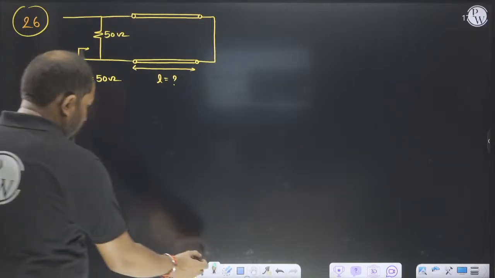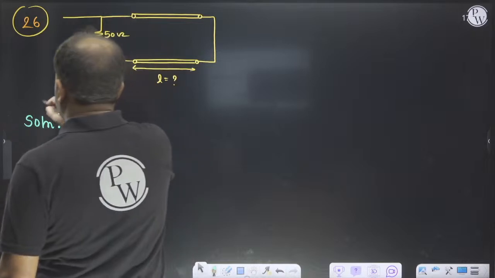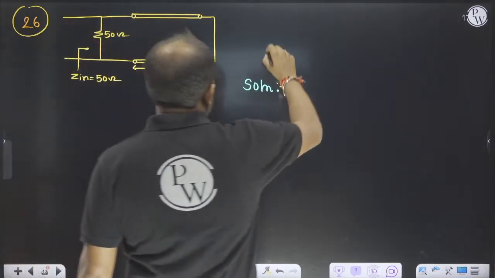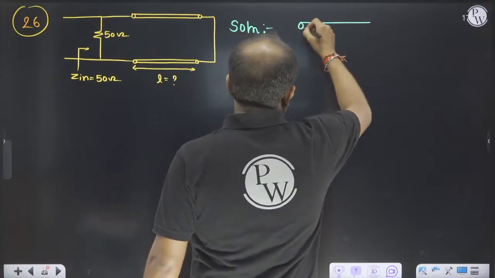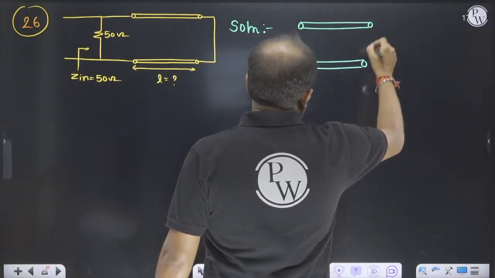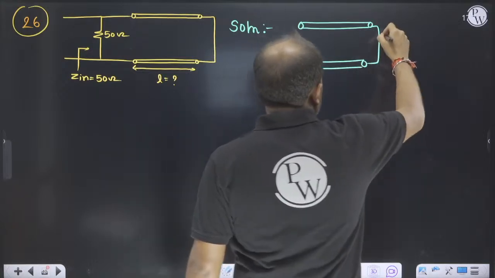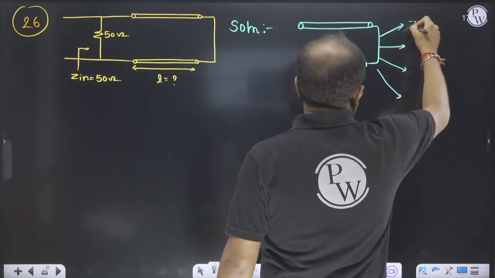So for short circuit, what we will have? So this is our short circuit transmission line. Yes, sir. And for short circuit transmission line, there are 4 types of impedance. Which type of impedance?